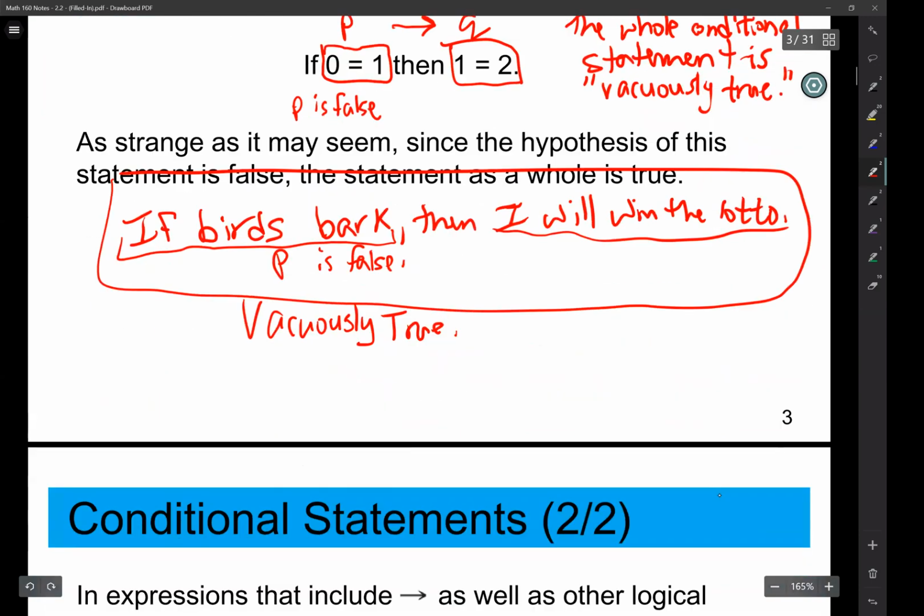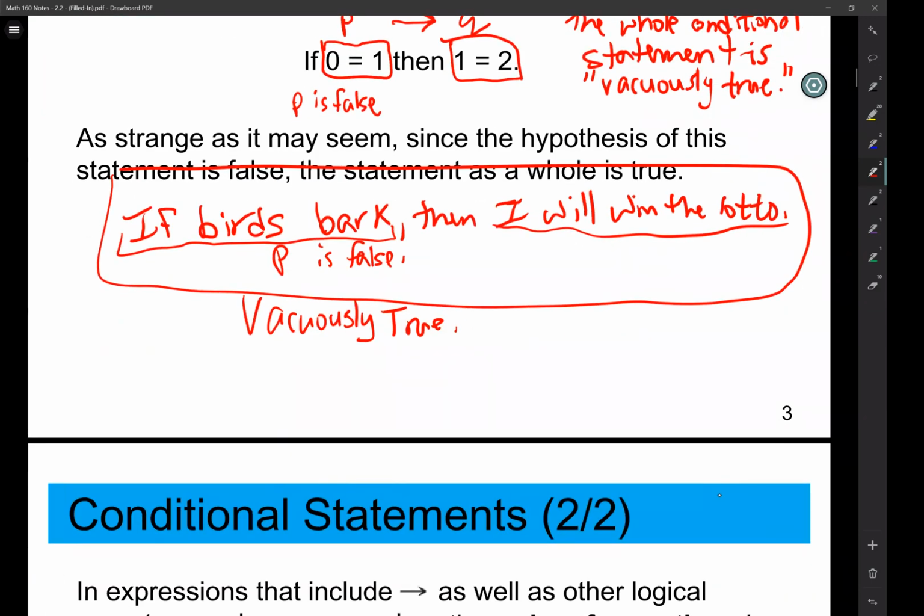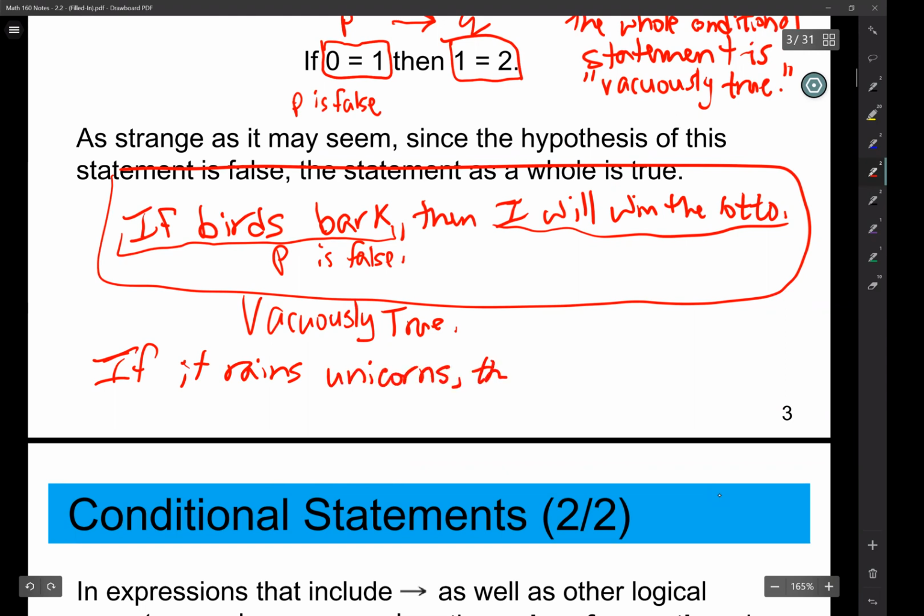Another thing you can think about is something like, if it rains unicorns, then I'll get a PhD. Now, the whole statement is true. It's vacuously true.